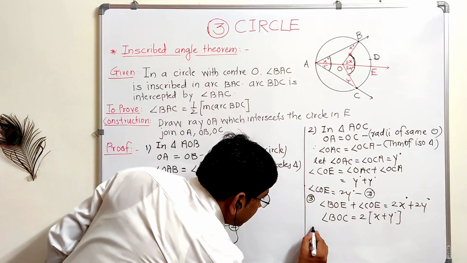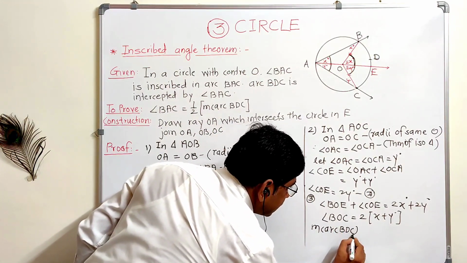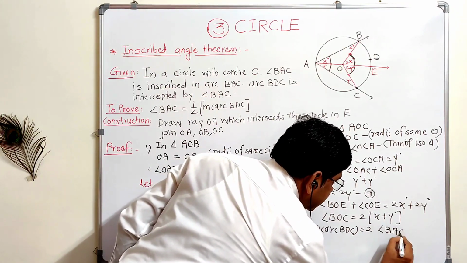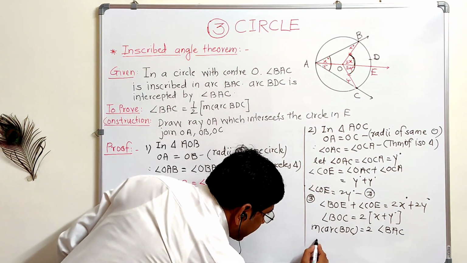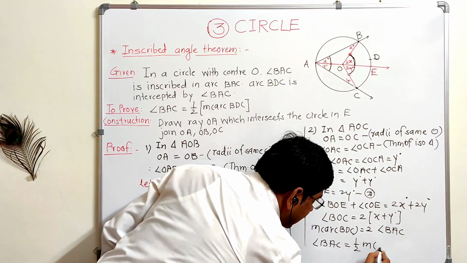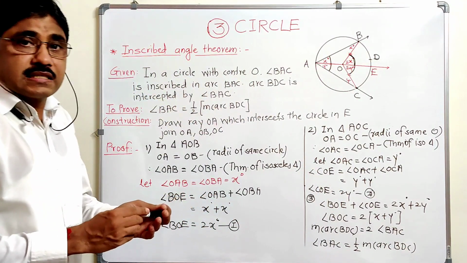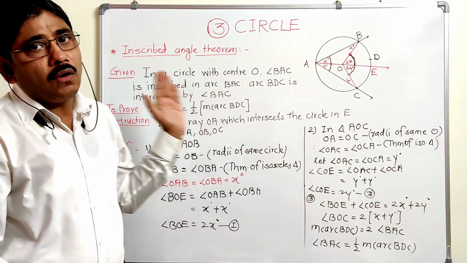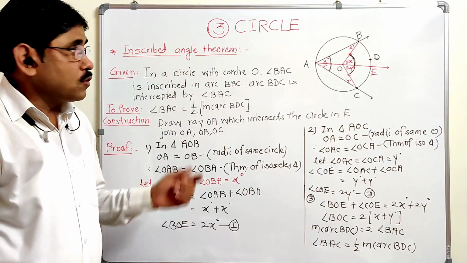So measure arc BDC equals 2 times measure angle BAC, because x plus y is equal to BAC. So divide by 2, we get angle BAC is equal to half measure arc BDC. So in this way we can prove this inscribed angle theorem, which is very important in all the next theorems and our exercise. So remember this theorem.